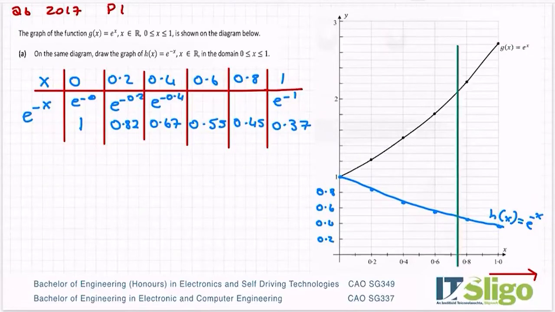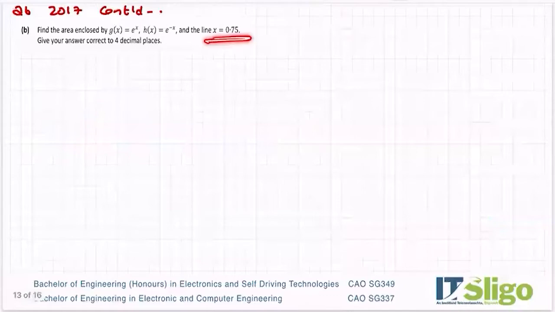If I can draw straight. The equation of that line is x is equal to 0.75. That's how you draw that line. If it was y equal to 0.75, it would be a flat line coming across through the y-axis. What that line means is the y value does change, but x is always 0.75. So that's how you graph that line.